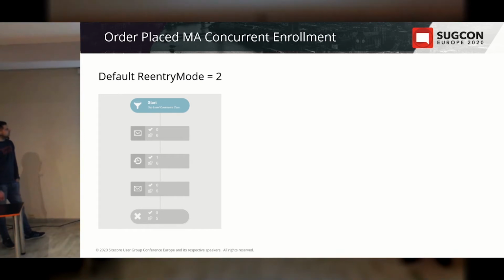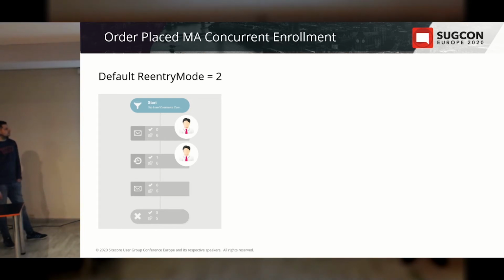Now, this marketing automation plan runs in re-entry mode equal to 2, which means the same contact can be in this automation plan multiple times simultaneously, basically concurrently.